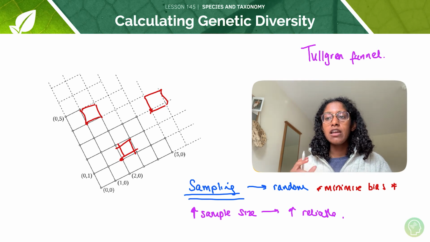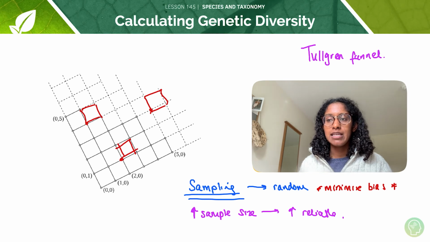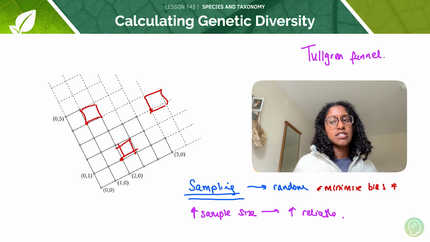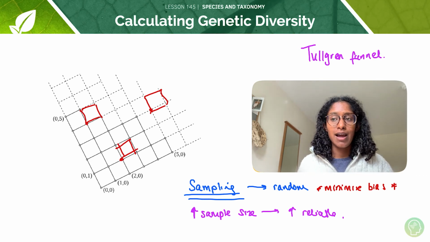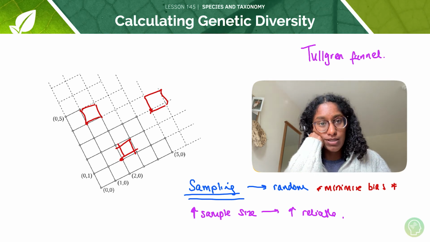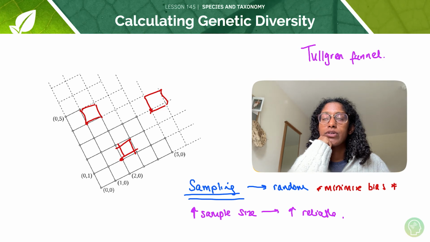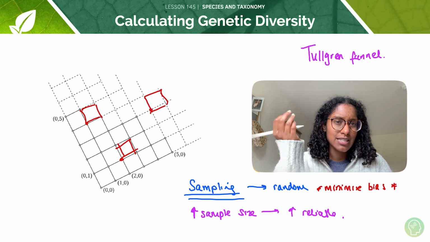Now, if there is a large variety in the way a species is distributed in a habitat, sometimes you may need to take a non-random sample. But if the species is equally distributed across the habitat, then it is fine to take a random sample. The reason why you might want to take a non-random sample is if, for example, you want to sample woodlice in a field. You're not going to find many woodlice just out in the grass, because where do they tend to be?